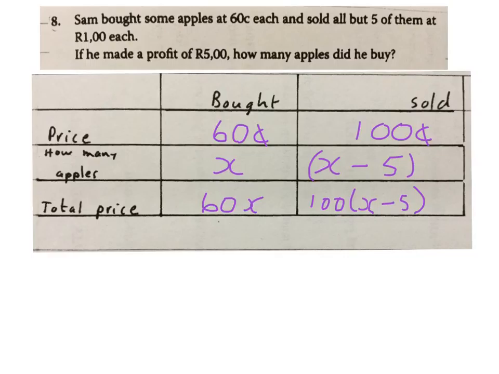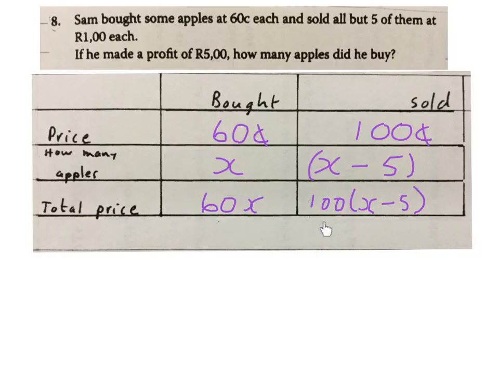So now the question at the top says, if he made a profit of R5, how many apples did he buy? You must have a look at this video a few times, otherwise it won't make sense to you. Now you must see this is the price that he sold, just looks ugly, and this is the price that he paid. And a profit is always the selling price minus the bought price, using all weird words.